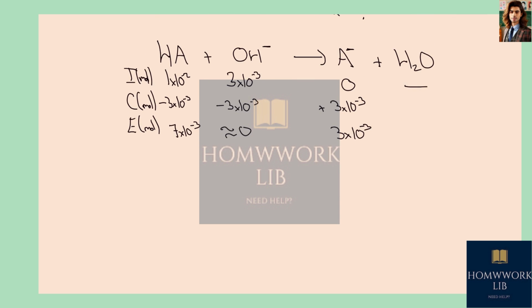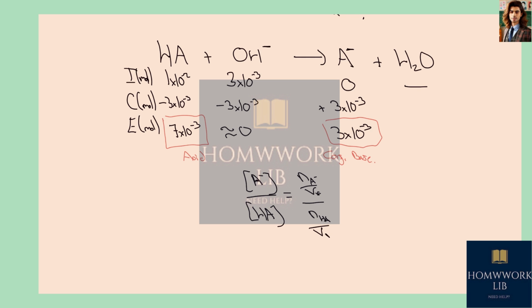But you need to realize in this scenario that we have an acid and we have the conjugate base. So we need to use the Henderson-Hasselbalch equation. Luckily for us, the final volume for both of these are going to be the same. So if we do the concentration of A minus divided by concentration of HA, this is going to be amount of mole of A minus divided by volume, divided by amount of mole of HA divided by the final volume.